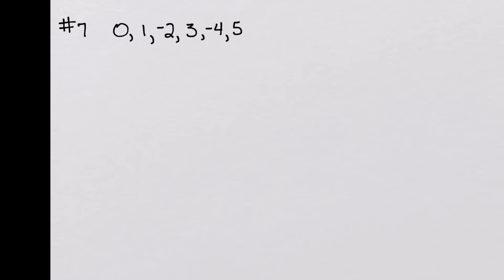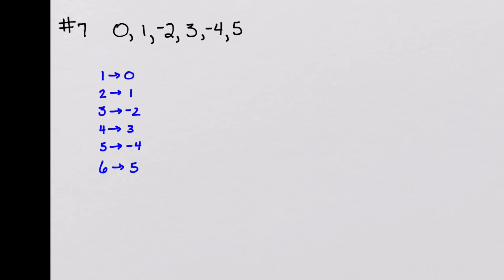Now in this problem we have 0, 1, -2, 3, -4, 5. So again, I'm going to make a relationship between the variable n, which is 1, 2, 3, 4, 5, 6, and then the terms of the sequence 0, 1, -2, 3, -4, and 5.